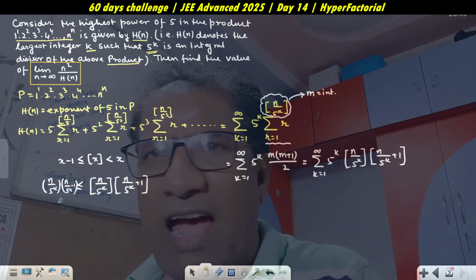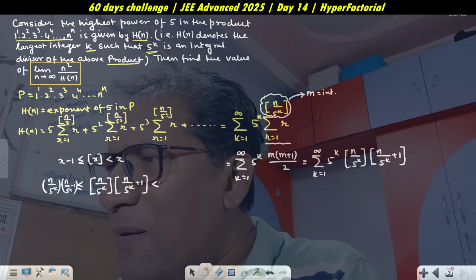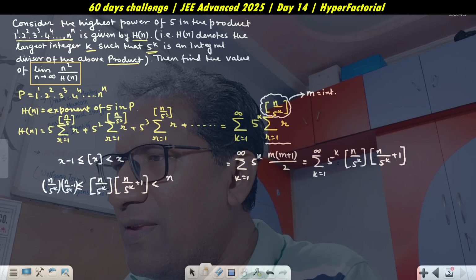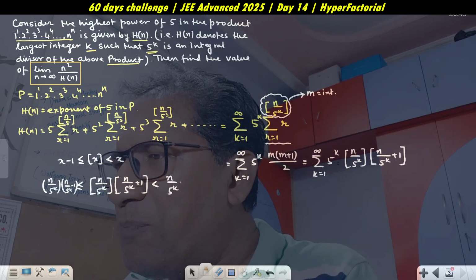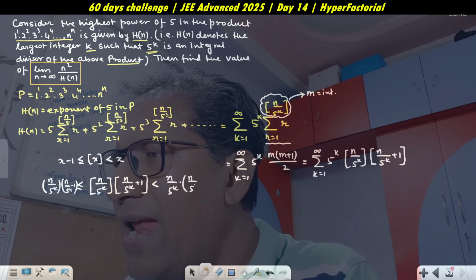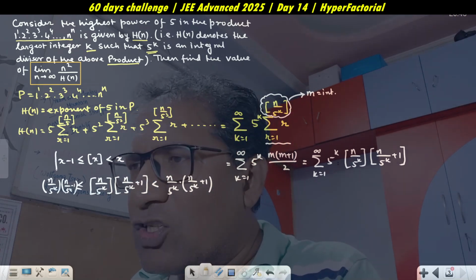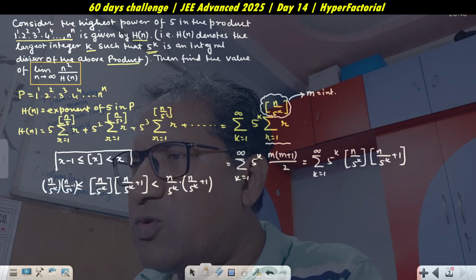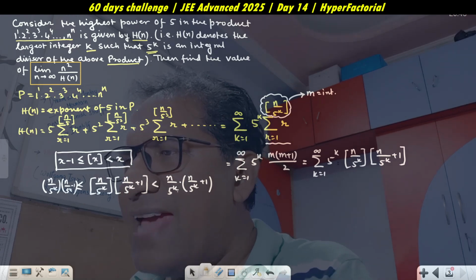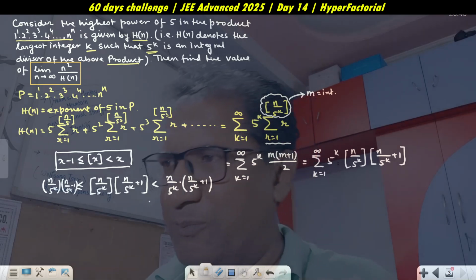That's exactly what I have written here. And it will be less than n by 5 to the power k into n by 5 to the power k plus 1. That's it. Floor of x always lies between x minus 1 and x.